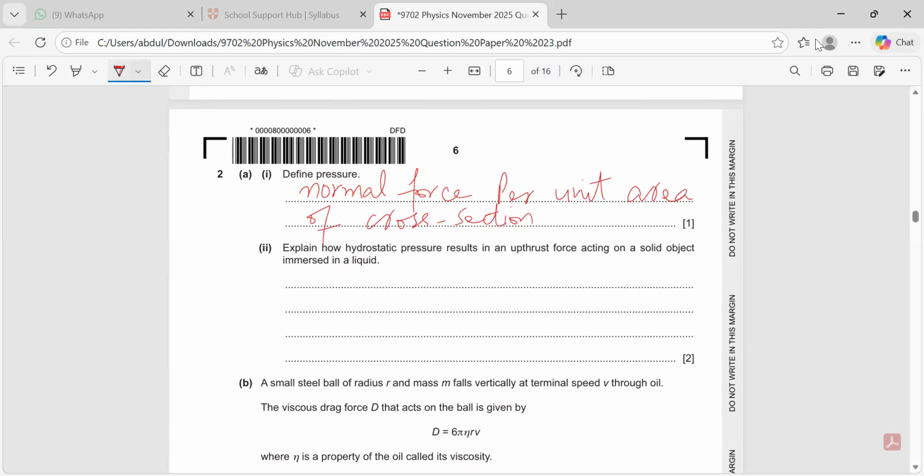Explain how hydrostatic pressure results in an upthrust force acting on a solid object immersed in a liquid. So how is the upthrust acting there?